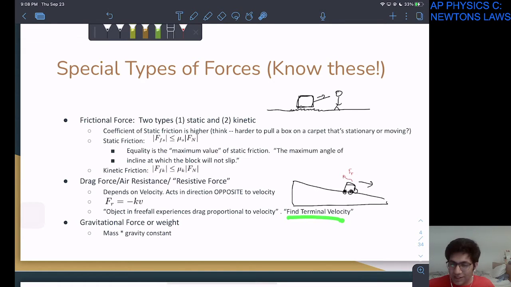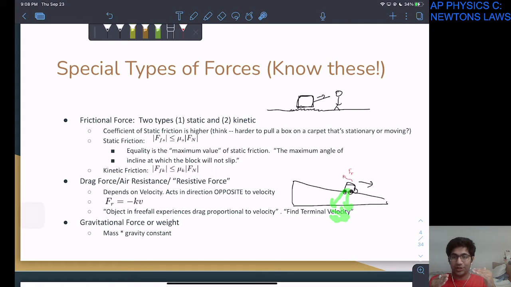The reason why we have terminal velocity is because at some point the force of resistance is so strong that you can't go any faster. The gravitational vector, which points downwards, is always constant, but the air resistance will increase, and at some point it's going to be equal to your force in the x direction.